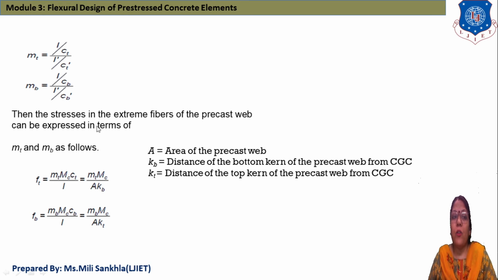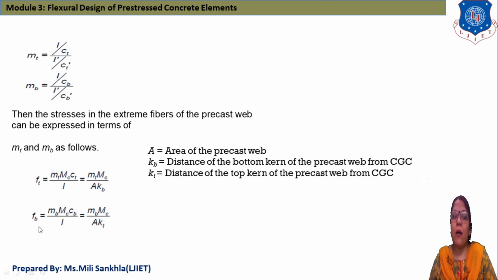Now the stress in the extreme fiber of the precast web can be expressed using MT and MB. Now stresses FT and FB. FT is equal to MT MC CT divided by I, that is equal to MT MC divided by AKB, because here we put the equation of CT.